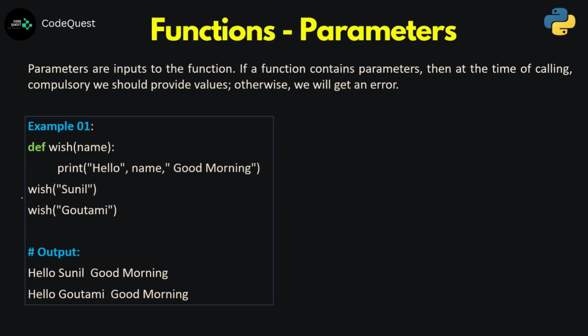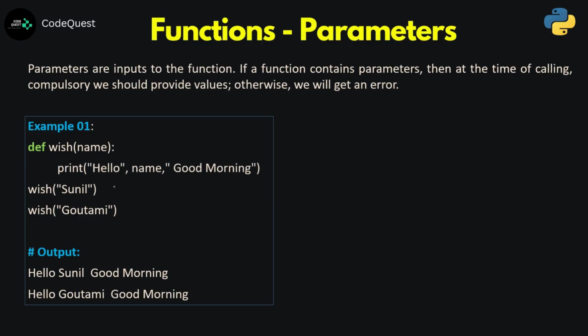While I call this function wish, I must pass at least one value because one parameter is expected by this function. I'm calling wish with Sunil, and I'm calling wish once again with Gautami. I have defined this function only once, but I can call it as many times as I wish.